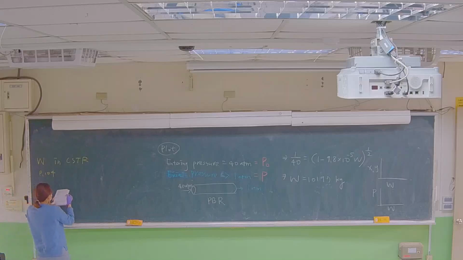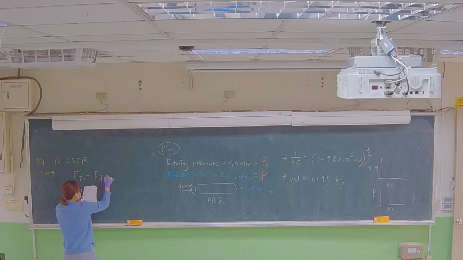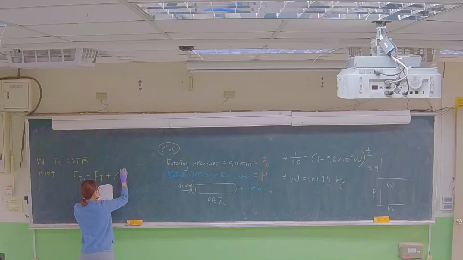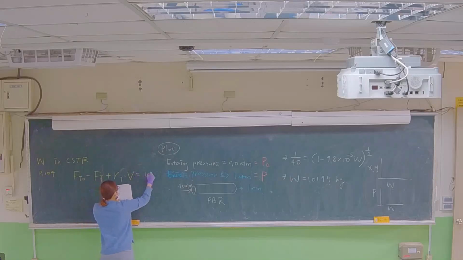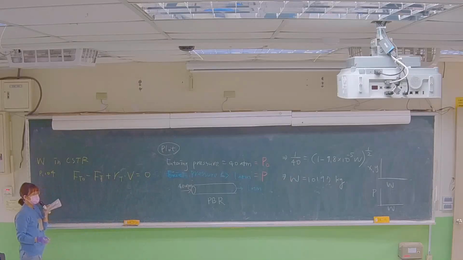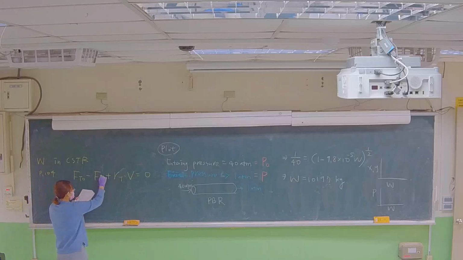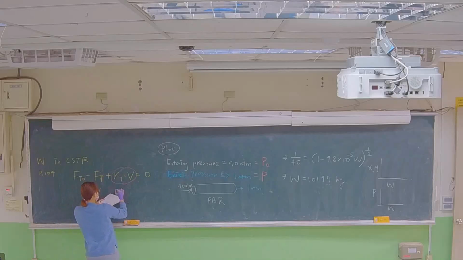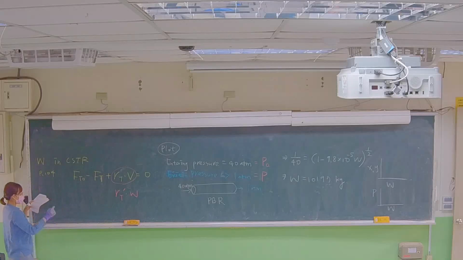Previously for CSTR, we have FT0 in minus out plus generation equals accumulation. But here, I want to modify the generation term as RT1 times W. That is the only thing we should modify.